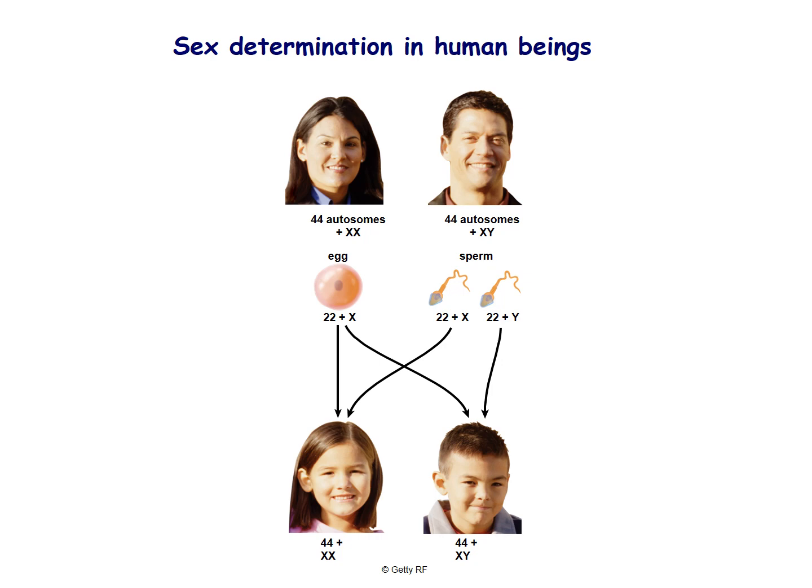Let's look at sex determination in humans. Females contain two X chromosomes. Males, one X and one Y chromosome. The female egg or ova always contains an X chromosome. It is the sperm that either contains one X or one Y chromosome.